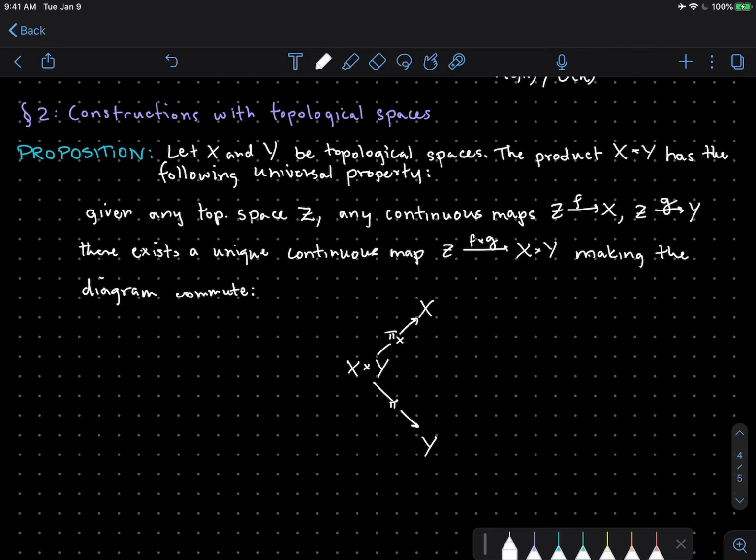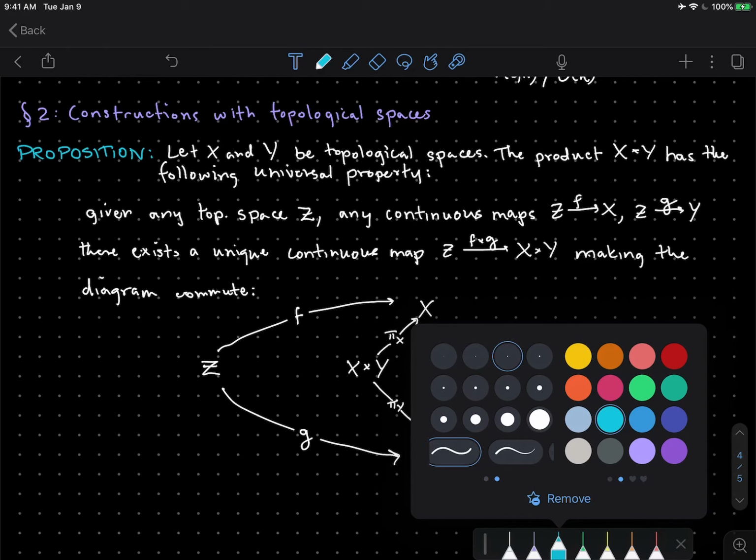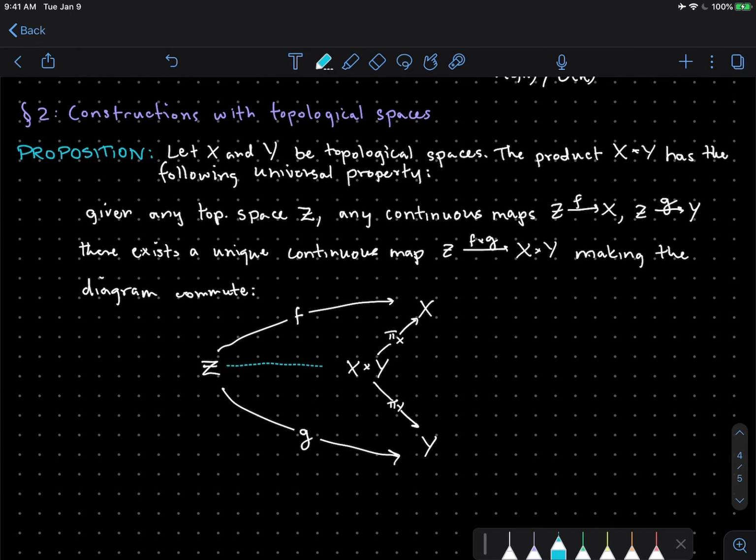Similarly, there's a pi sub Y. And if we're given Z together with a map to X and a map to Y, this map is F, this map is G, then there is a unique continuous map here.